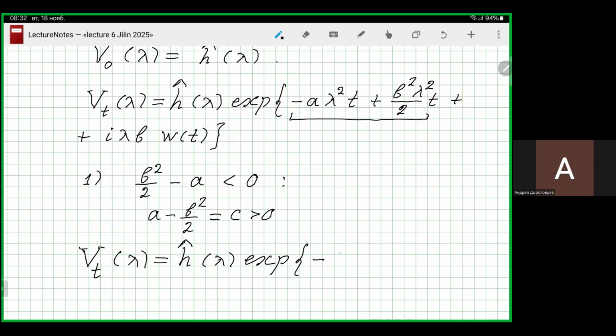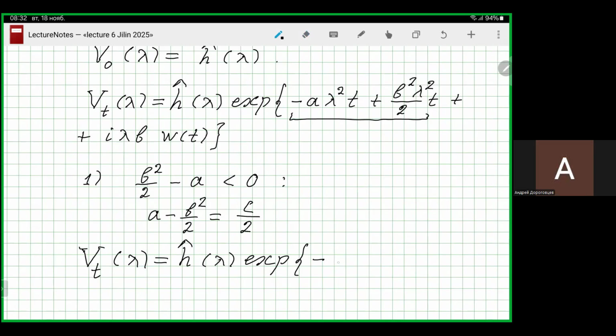I just want you to recognize some already known things. So sorry, let us use a much more appropriate expression: let it be C over 2.